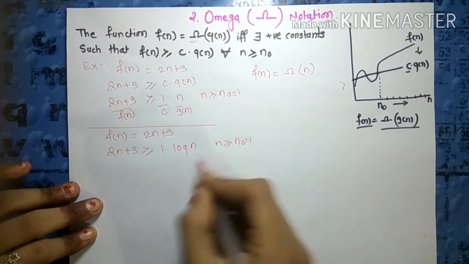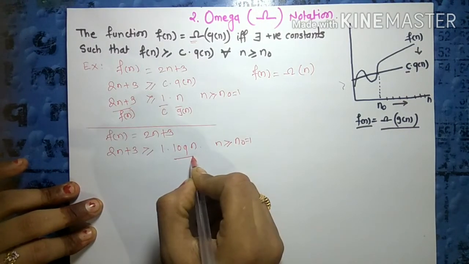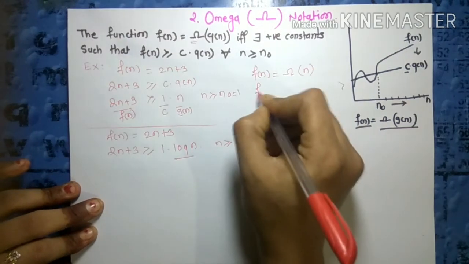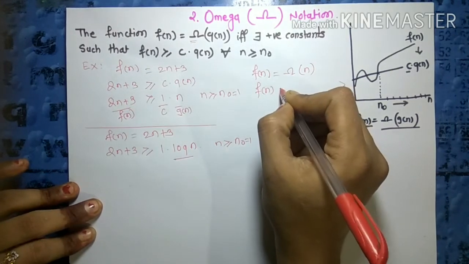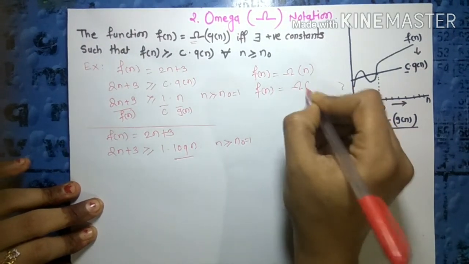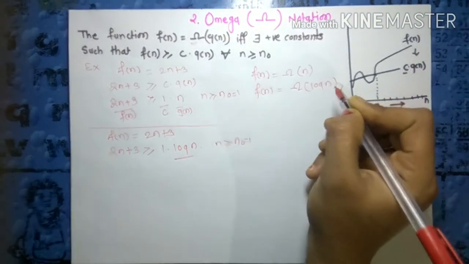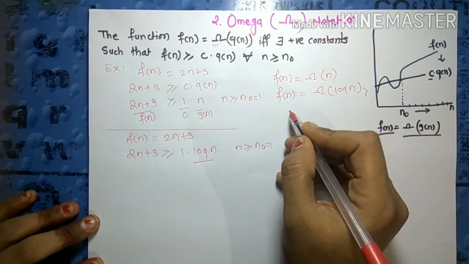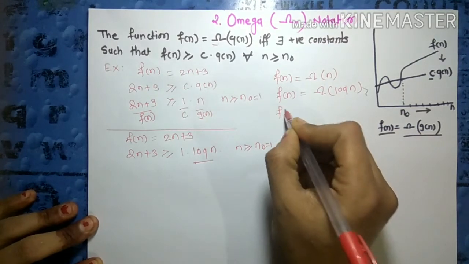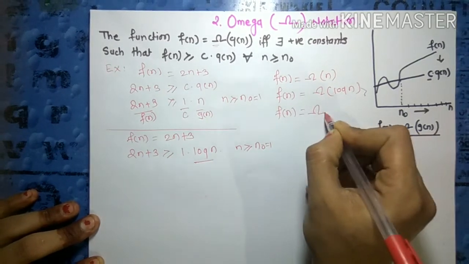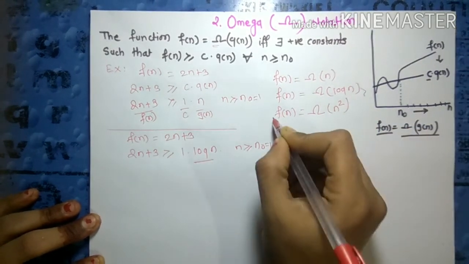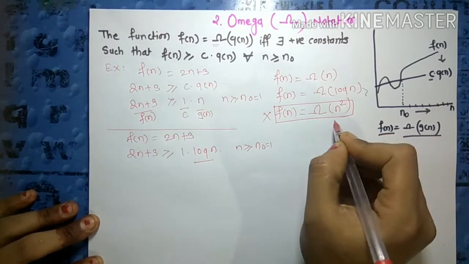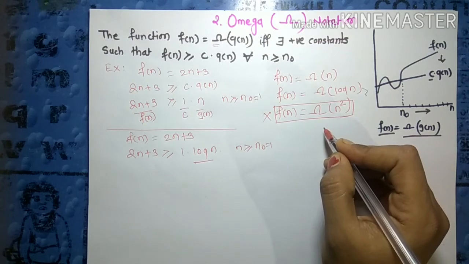So here our g of n is log n. So we can take the time function omega of log of n. For all lower bound values it is true, but if we put an upper bound value like omega of n square, it will be false in that case. We have to take the lower bound values here.